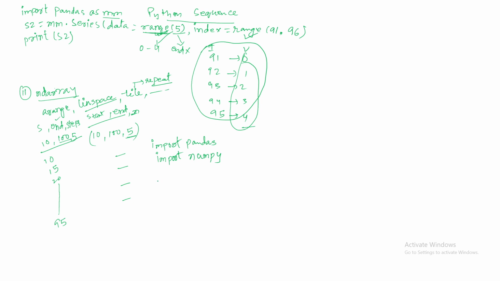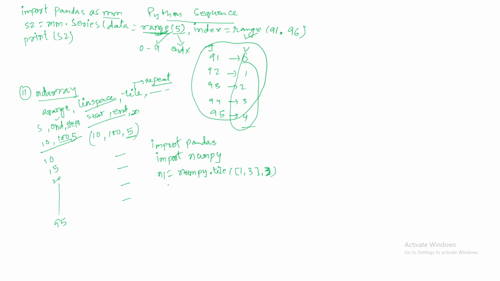So suppose n1 equal to numpy dot tile. Now suppose I will write 1, 3, 3 times.